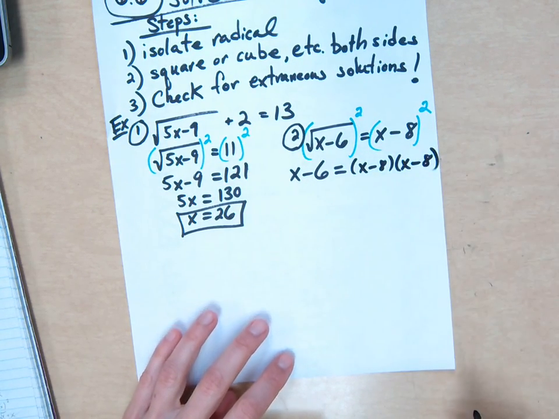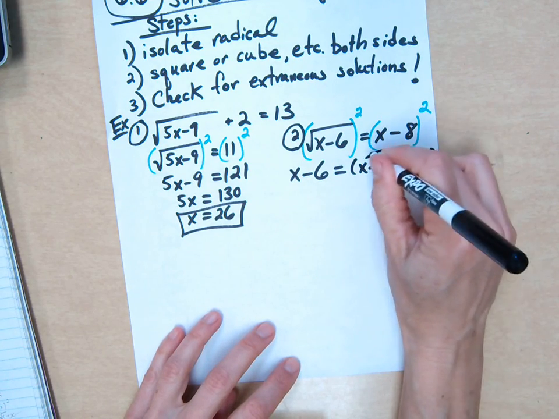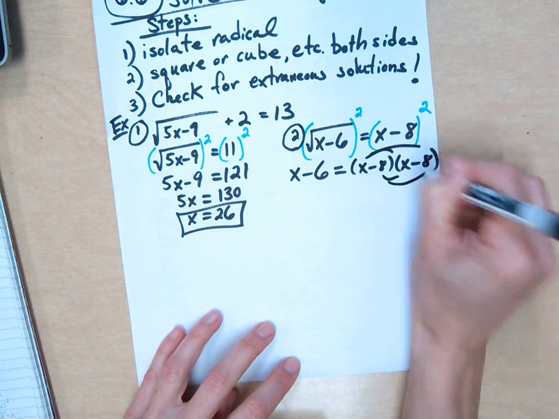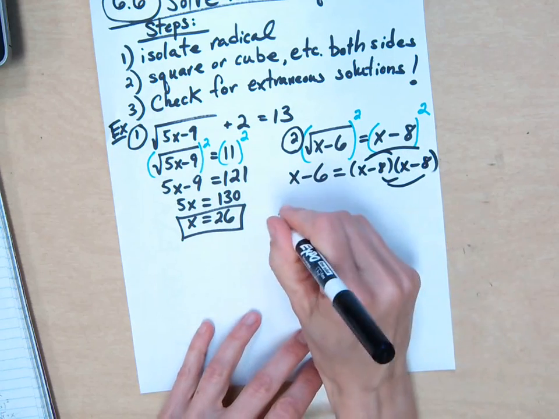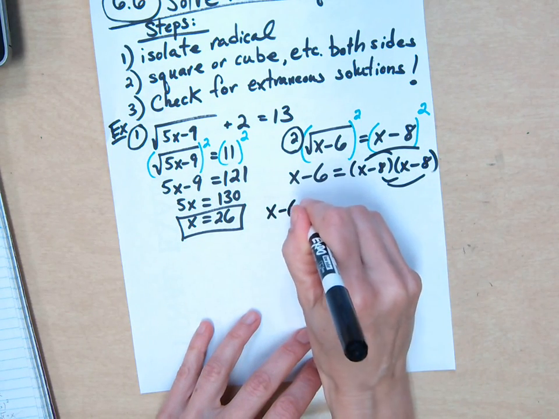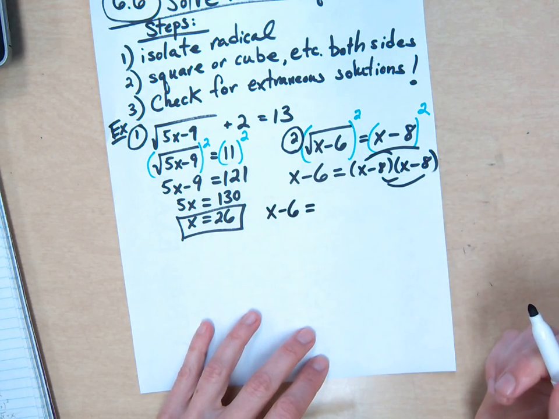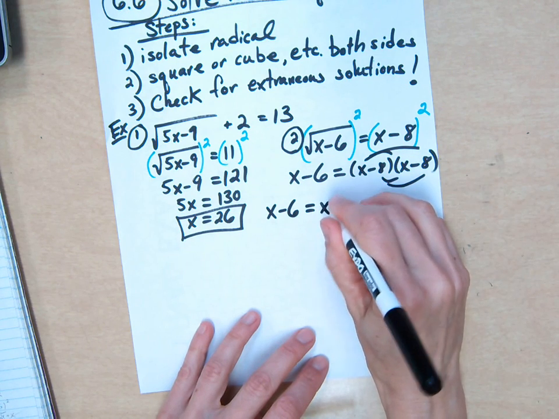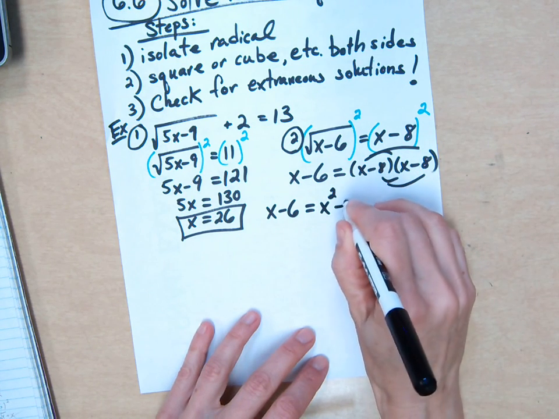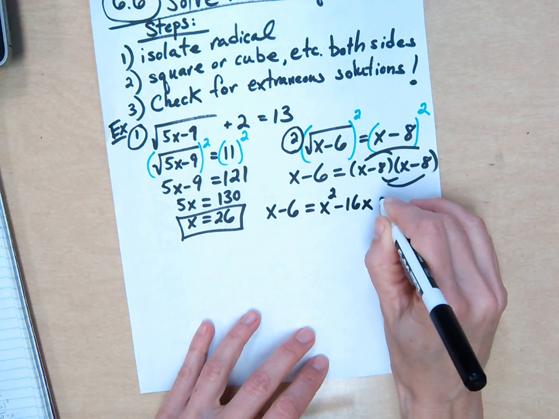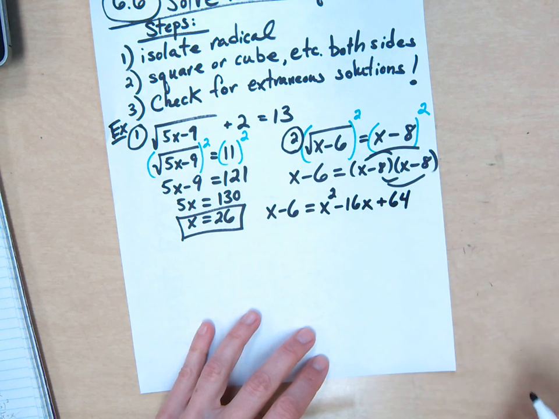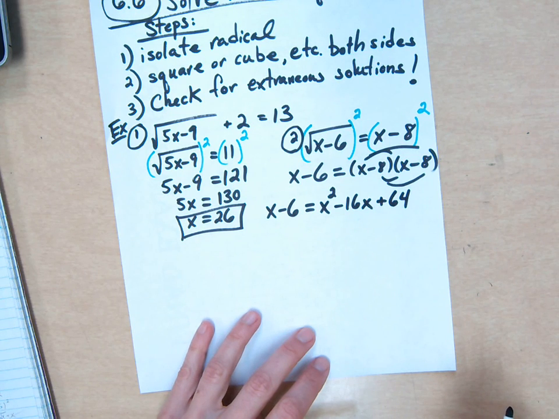So you have to distribute the x and distribute the negative 8. If you distribute and combine like terms, you will get x squared minus 16x plus 64, because you'll get 4 terms and then you combine like terms.